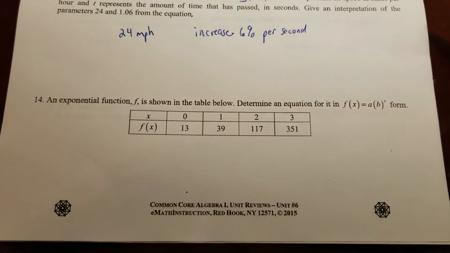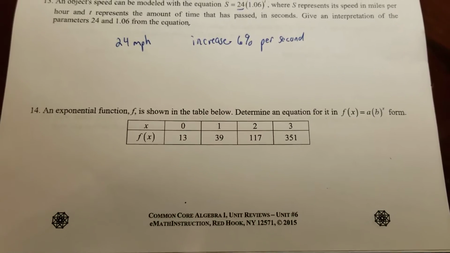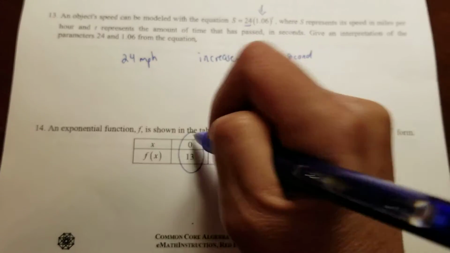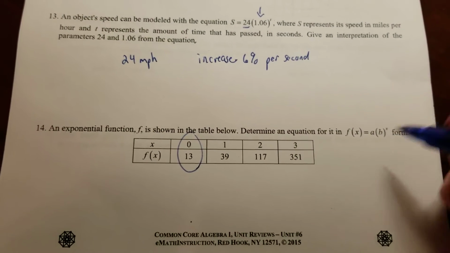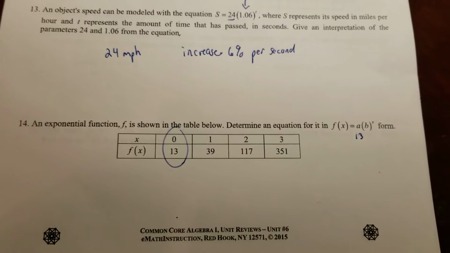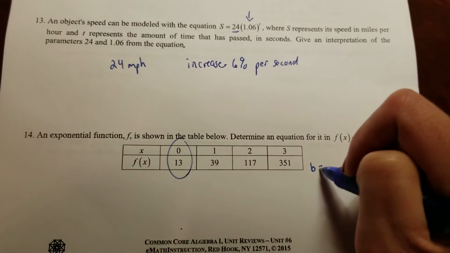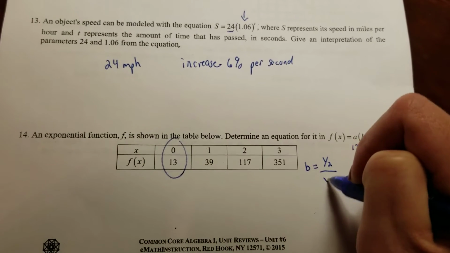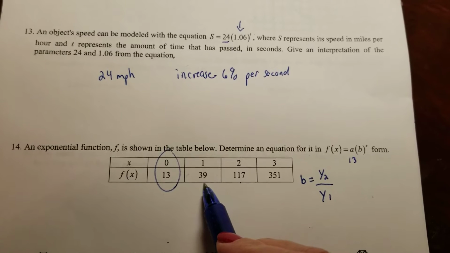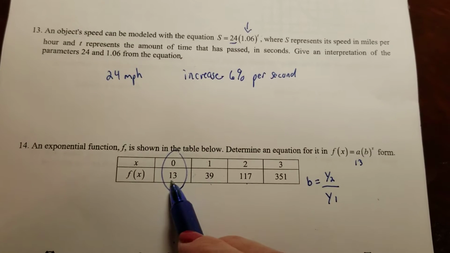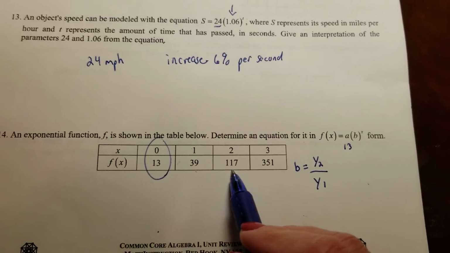Down here for number 14, an exponential function f is shown in the table. Determine the equation. All right. So there's my starting point. Whenever x is 0, 13 is where I'm starting off. So that 13 is going to be my a. My b is my second y divided by my first y. So I've got 117 divided by 39, or I can do 39 divided by 13, or I can even do 351 divided by 117.